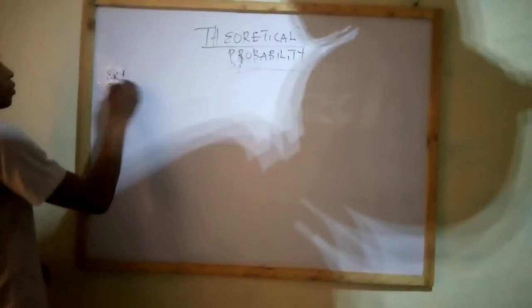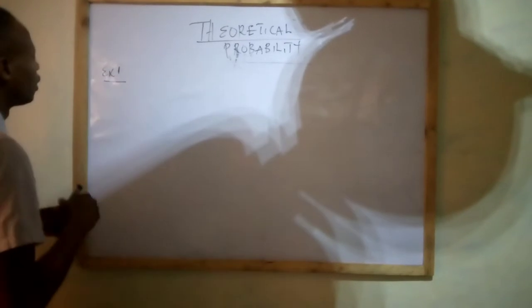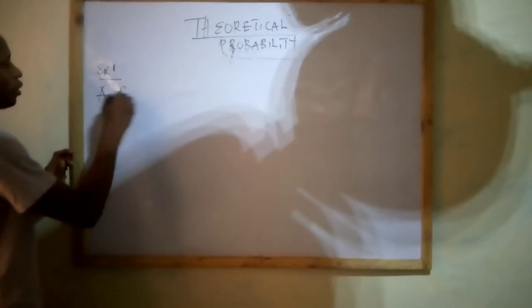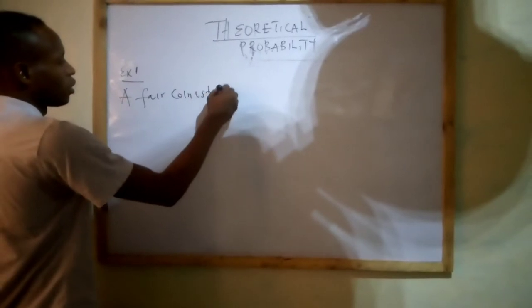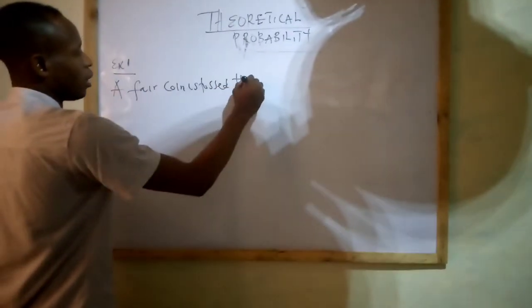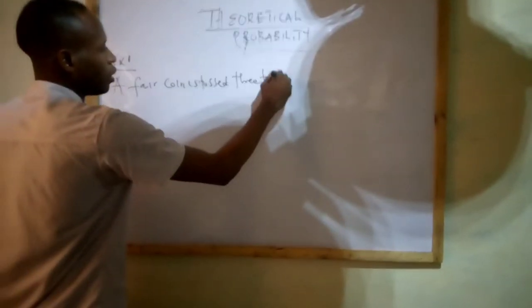Example one says that a fair coin is tossed 3 times.